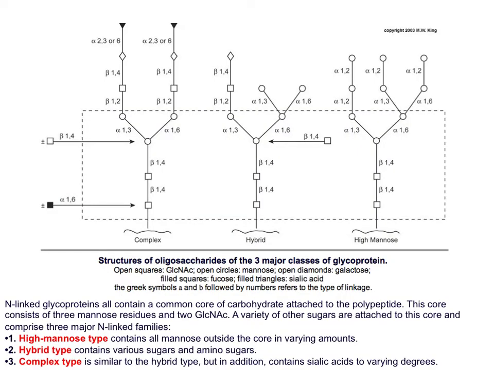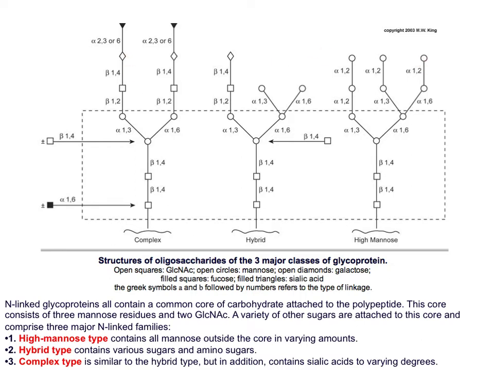In N-linked glycoproteins, they all contain a core of carbohydrates. This core consists of 3 mannose and 2 GlcNAcs. So all of them, the complex, hybrid, and high mannose, have that. And then they're distinguished by what's on the outer core.